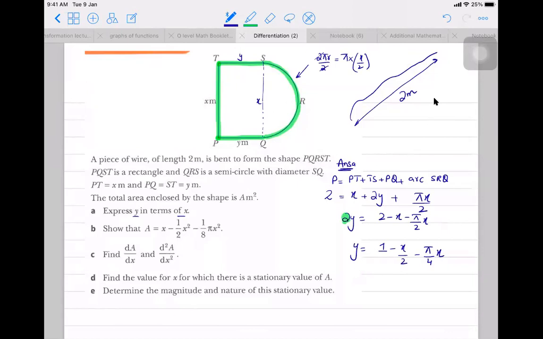You can simplify this further as well. By making the denominators common, you are going to get 4 minus 2x minus pi x, all over 4. This is y.